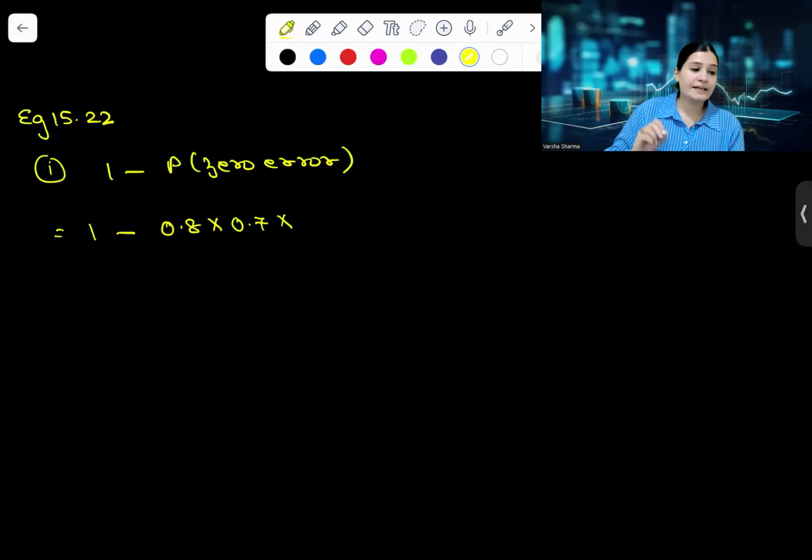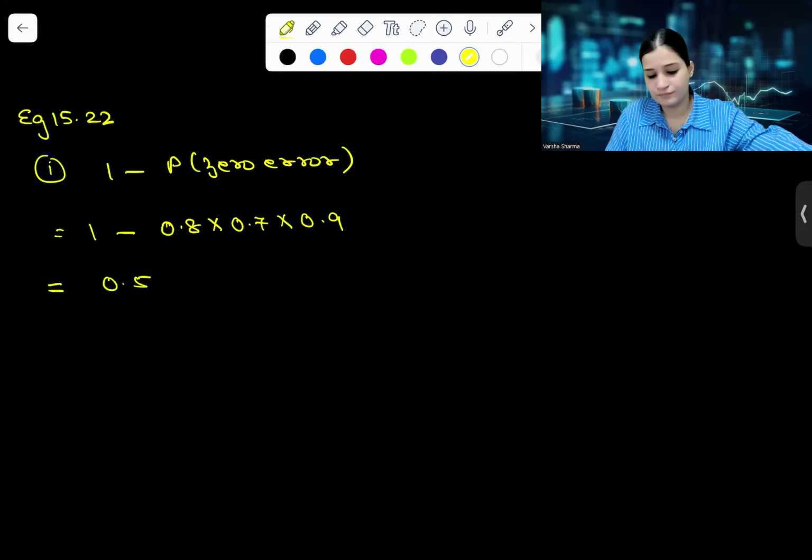Third one making an error 0.1, not making an error 0.9. 0.8, 0.7, 0.9. Answer is 0.496, precisely, whatever is in the option.